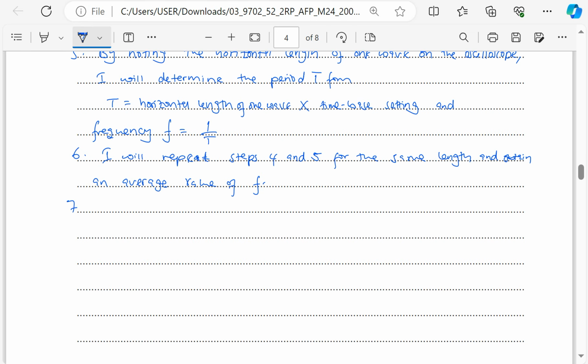Then step number 7, now this is just a general repetition for different rods so that I have several sets of values.